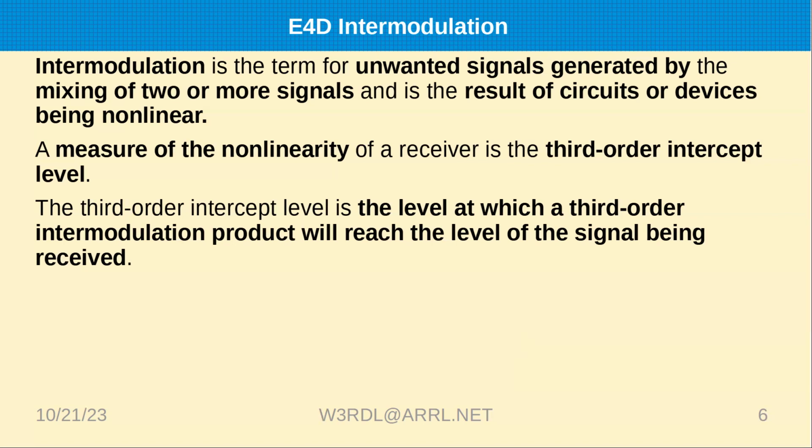So since they have different slopes, obviously at some point of gain, they're going to intersect. And that's what they call the third order intersect. Although they tend to round off before they ever get there, but they kind of extrapolate the lines and do that stuff. And you see that in specifications for receivers.